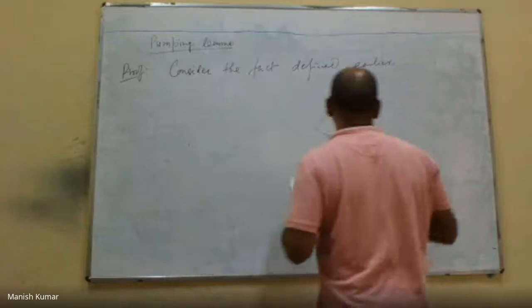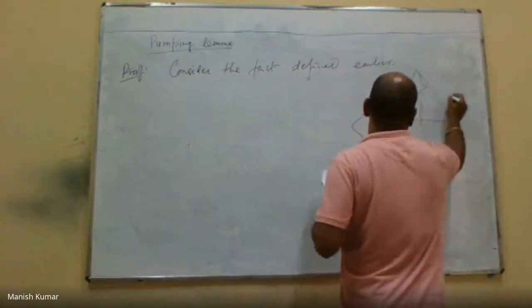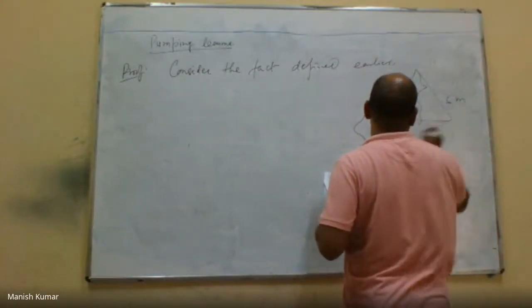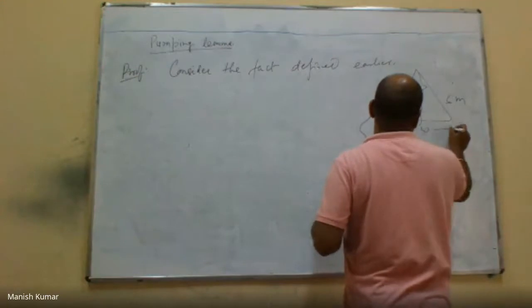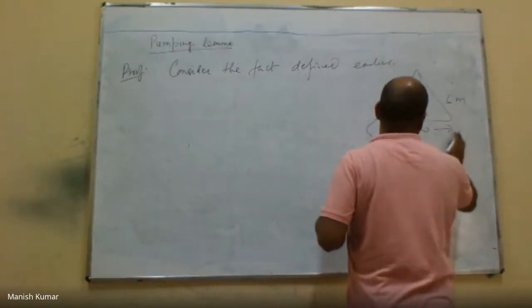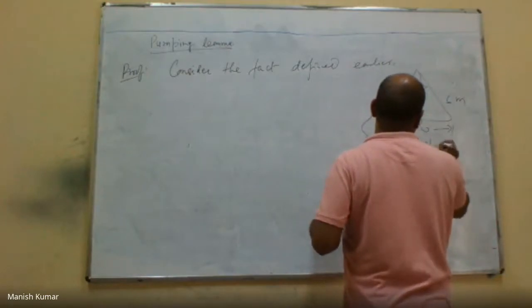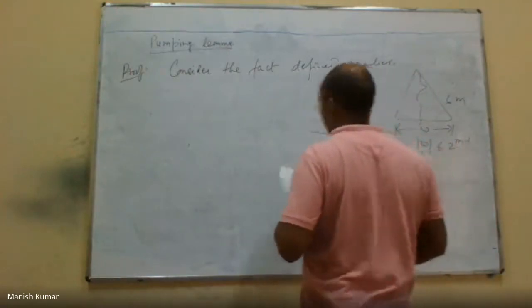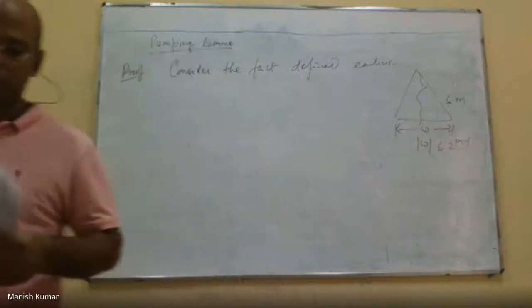And what is that? We look for a derivation tree of a string w with length less than n, and the bound is 2 to the power n minus 1. This was the fact we have discussed.